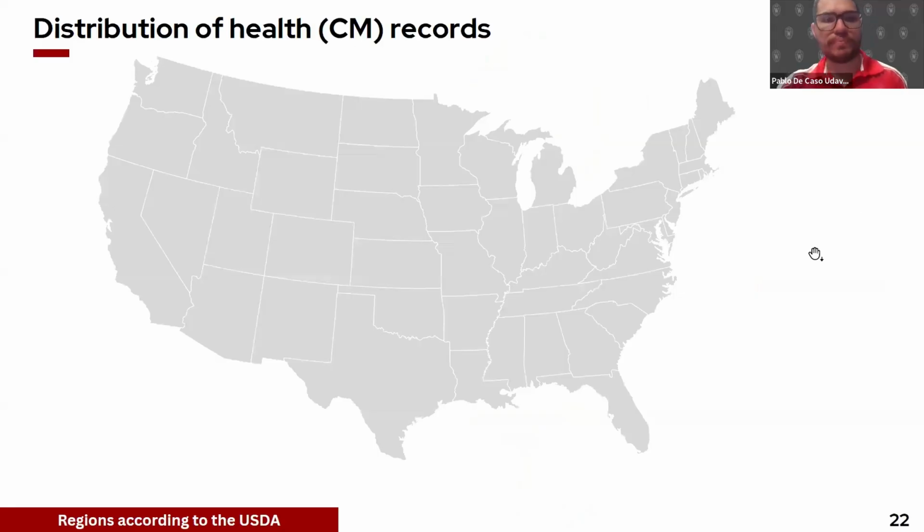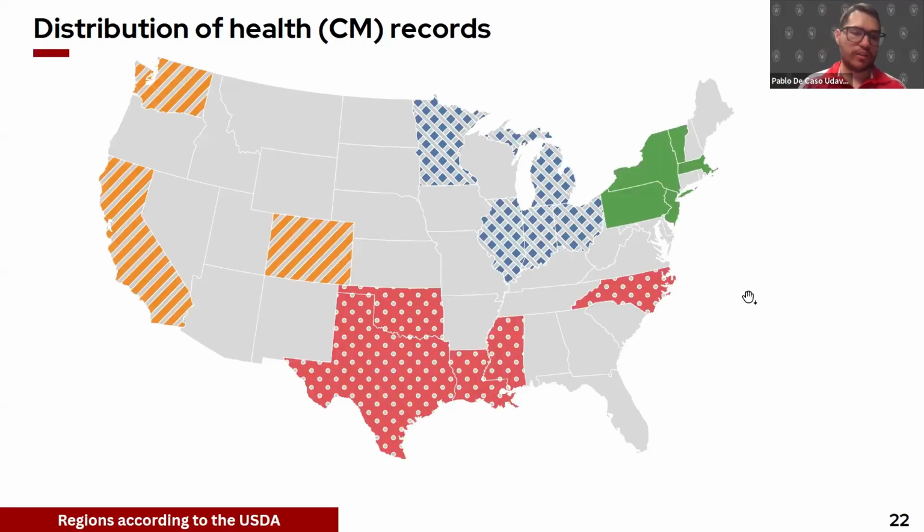And then with that, I'm also going to be showing the distribution of the records, which is very important to understand why we ended up with the characteristics and the structure of the design of the analysis that we're going to be doing in comparison to the previous analysis. Overall, we were really excited because in the beginning we saw that we had quite a variety in the number of herds and the number of regions available in the health dataset, which is the clinical mastitis dataset.